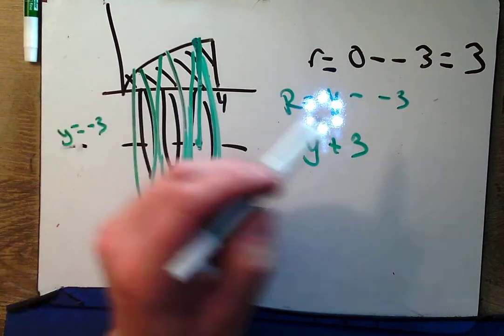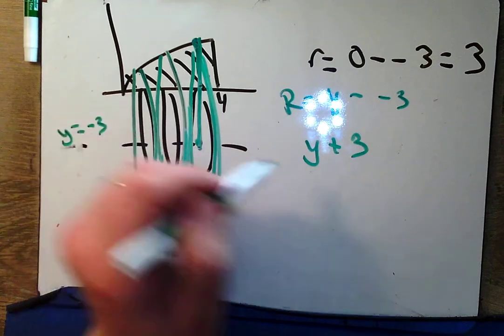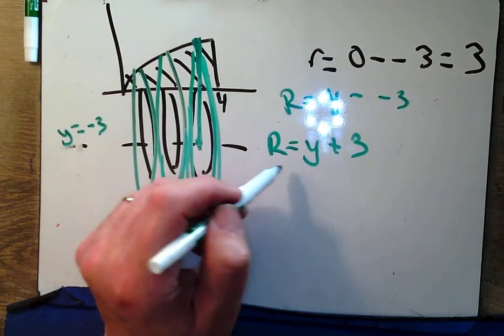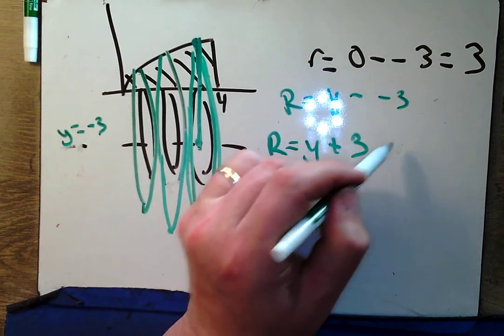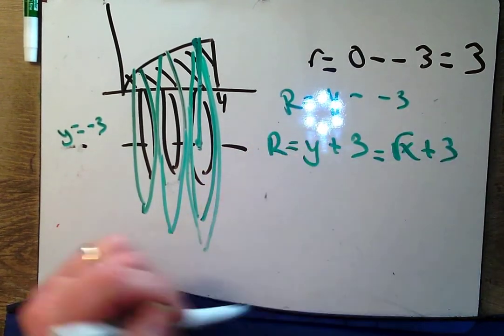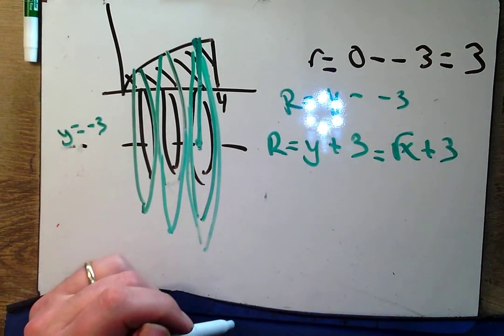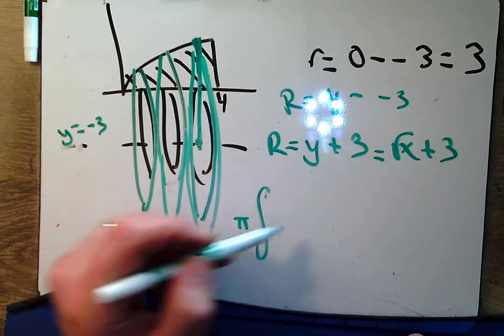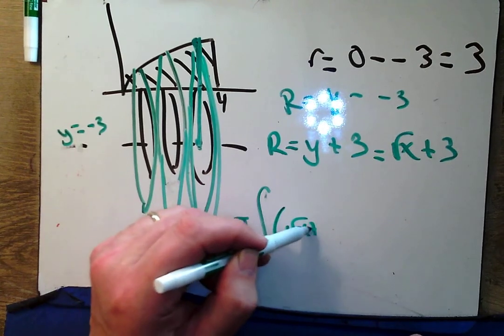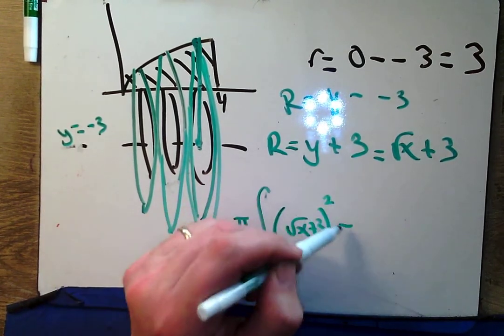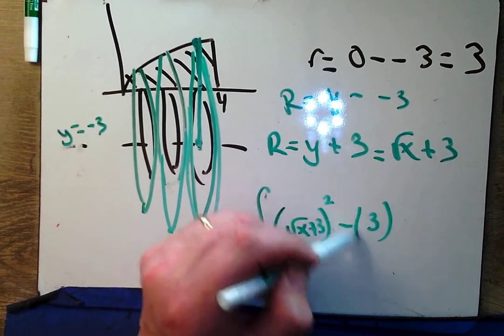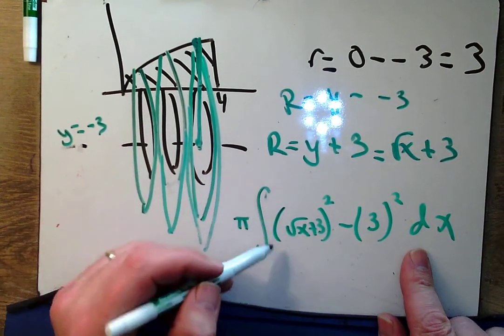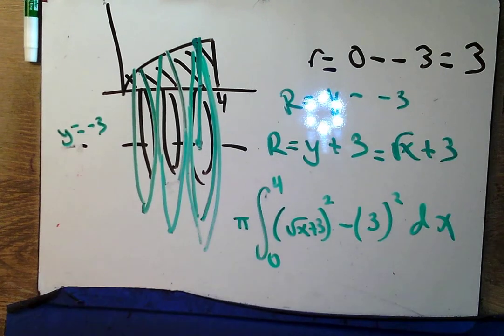However, these are dx washers, so I'm going to have to get rid of that y and replace that with square root of x plus 3. Okay, so now my integral will be pi times square root of x plus 3 squared minus little r 3 squared dx. And this is dx, so I'm going from 0 to 4.